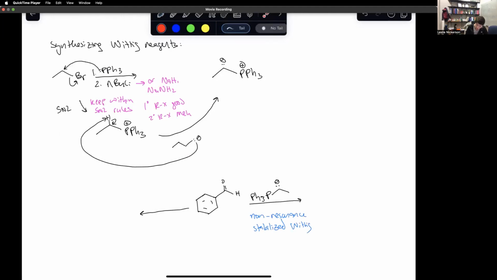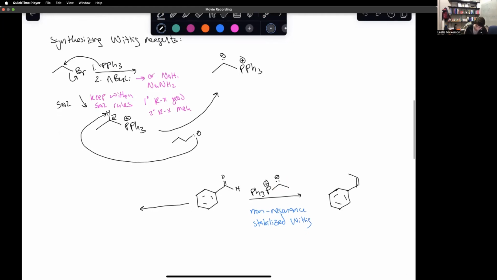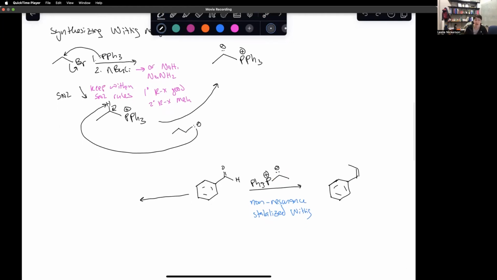Okay, we don't have anywhere for this carbanion to go besides just to the phosphorus, which I'm going to put that charge there. So we don't really have anything to stabilize that charge, so it's definitely a lot more reactive. These tend to actually give the Z alkenes as your major product. Okay, so we tend to get these.